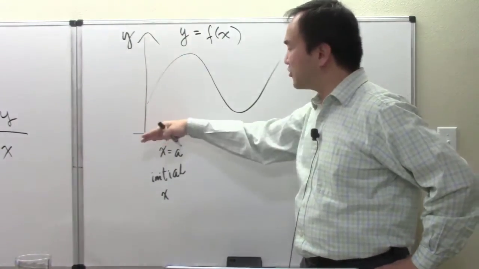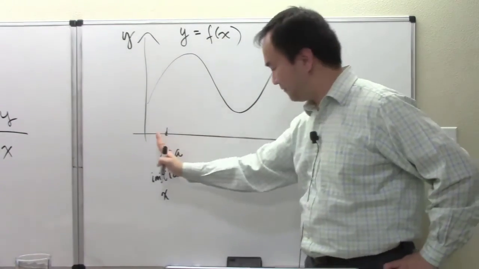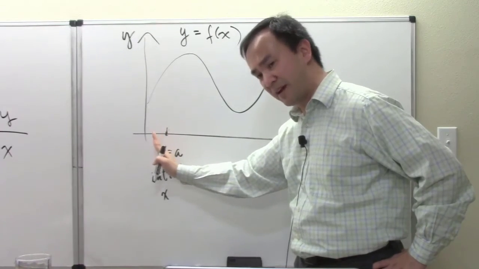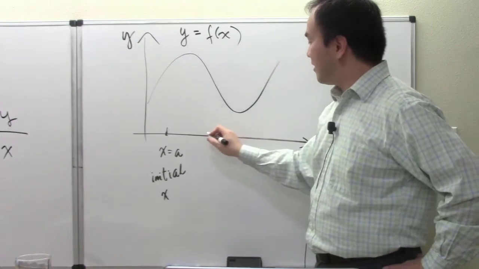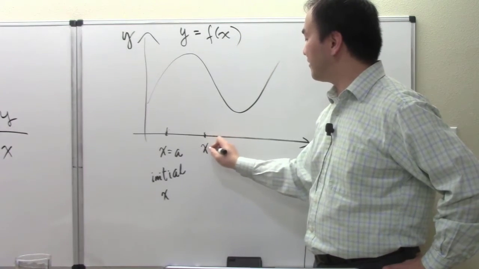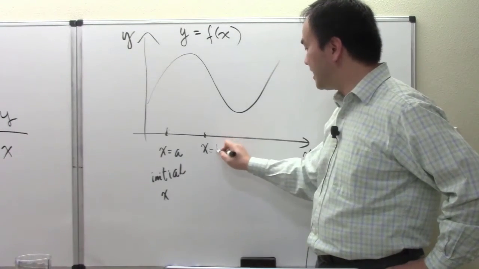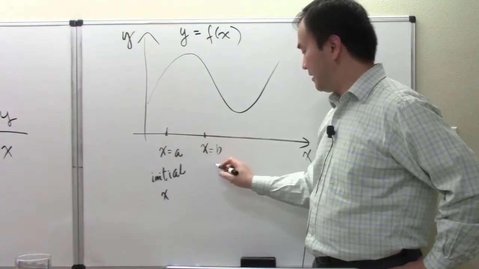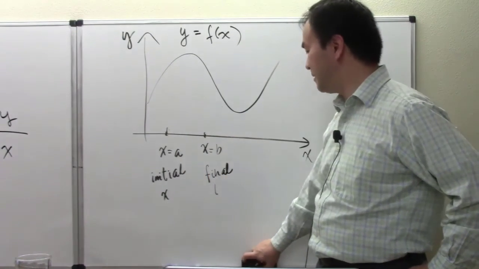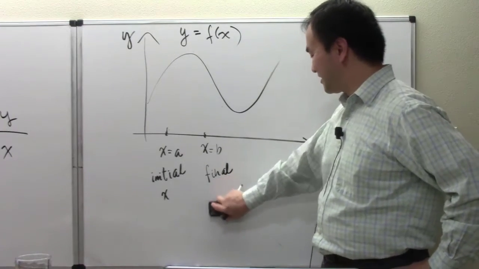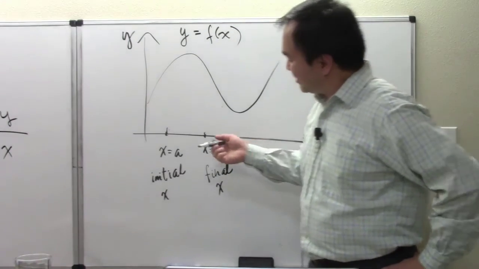Along that way, our function rises or falls depending on how the independent variable x is changing from left to right. So let's say we hit some later time, x equals b, to the right of a. Let's call that the final time, or final x value. I keep using time because I also study a lot of physics.